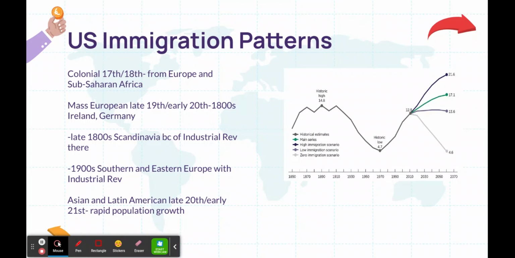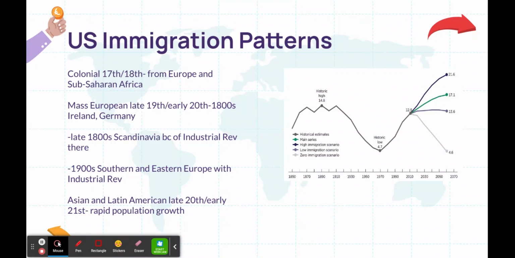During the 17th and 18th centuries, people from Europe relocated and started their new lives in the New World voluntarily. Also, people from sub-Saharan Africa were forced to migrate as slaves.